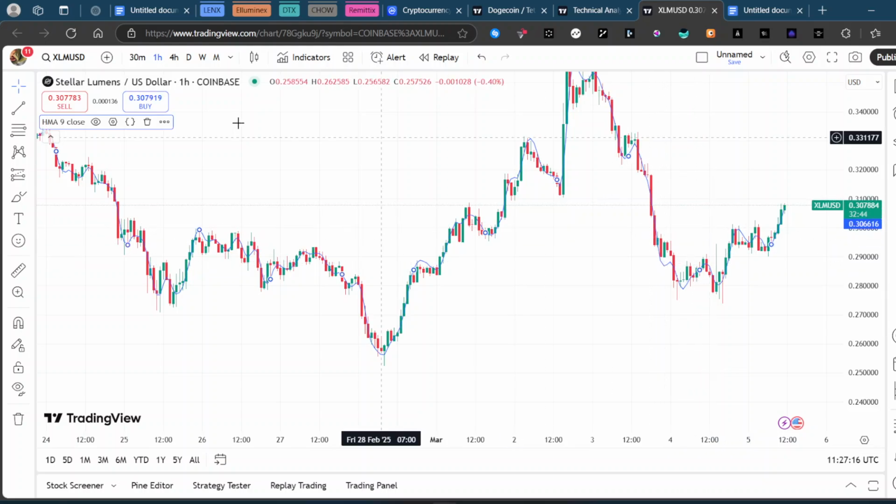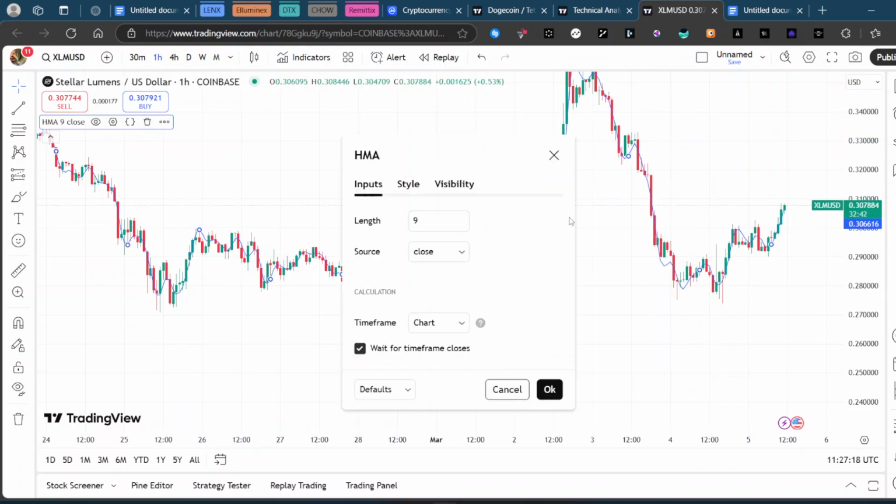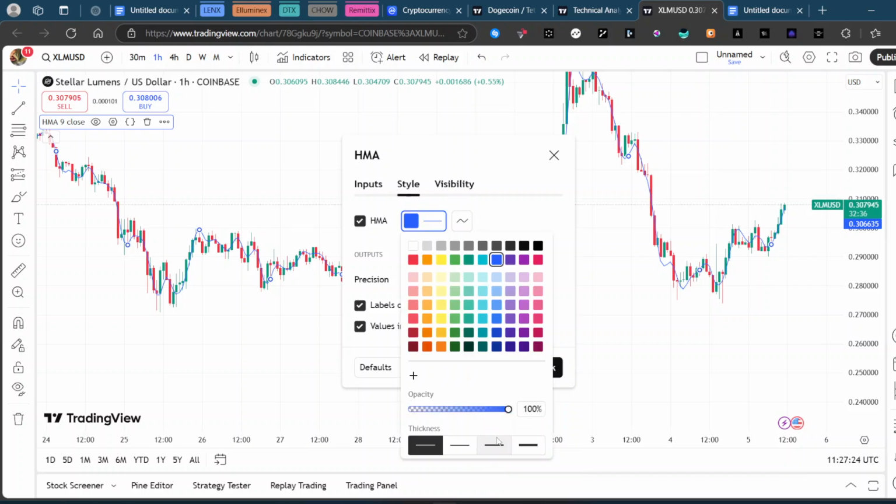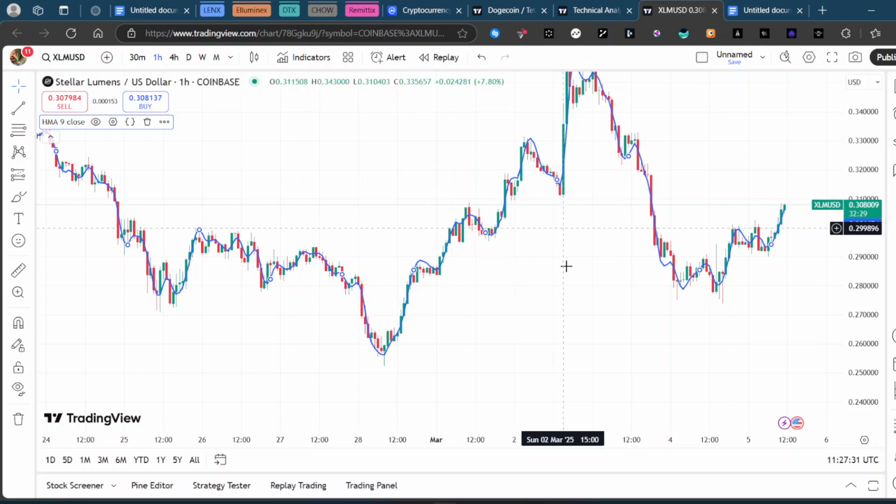If you have struggled with lagging indicators and false signals, this strategy will help you identify trends early, reduce noise, and improve your trade execution.